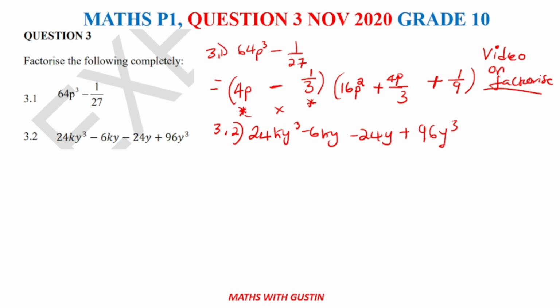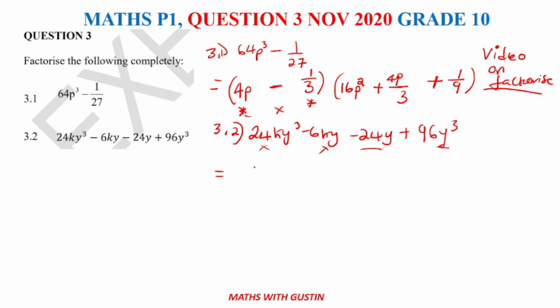If we come here, you can see that this is some sort of grouping, because you can see ky here, I can see y here, y here. So what I would like to do is to group the ky's all together and then the y's all together, which means these two will stay together, then the ky's, which are these two, will stay together as well.